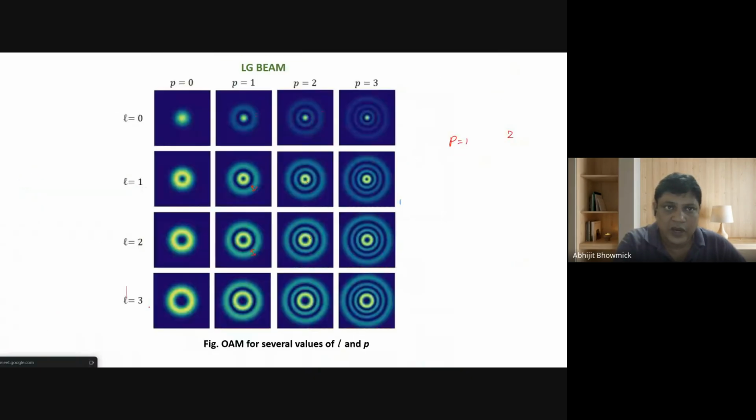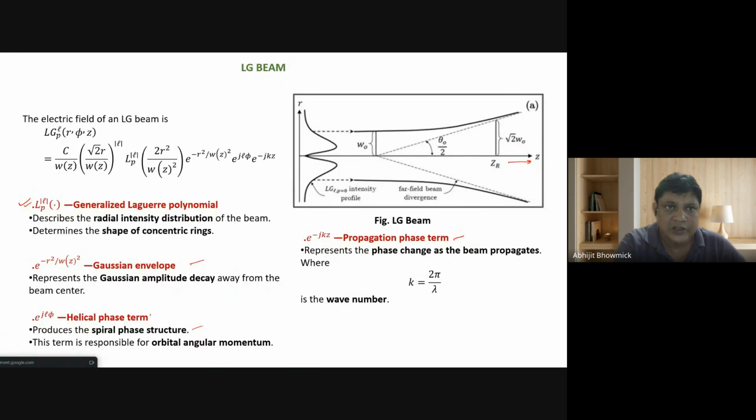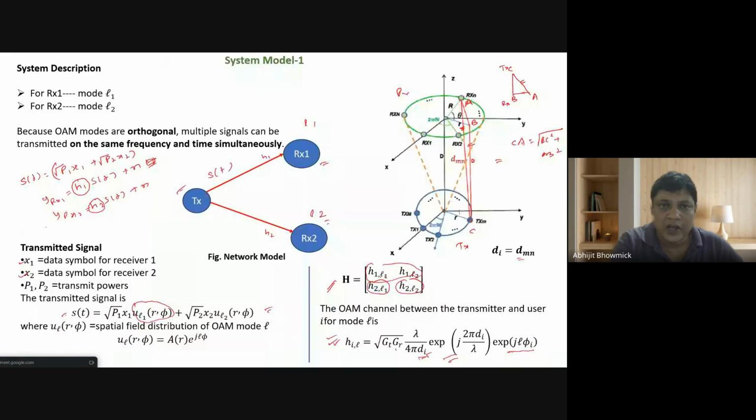In the LG beam there is an impact of r as well as the impact of z. Both are there. So when I'm describing the equation of the transmitted signal, I'm using this LG beam, where the impact of A, r and z are all there, and this is the channel.